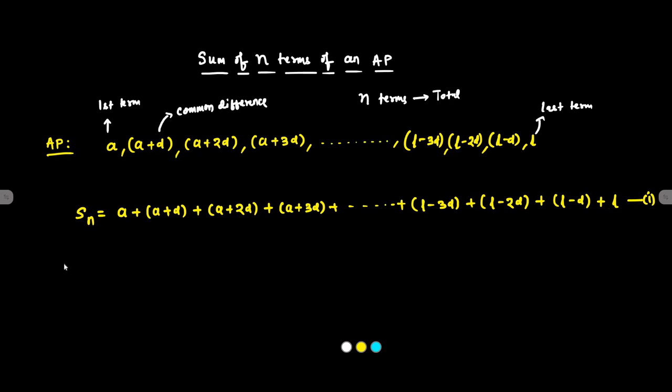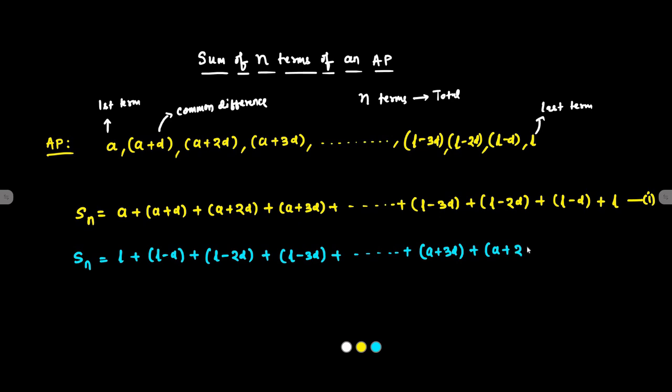So we write the sum of n terms starting from the last: l plus (l minus d) plus (l minus 2d) plus (l minus 3d) plus, and at the end, (a plus 3d) plus (a plus 2d) plus (a plus d) plus a. Just writing in the opposite order. Let's call it equation number 2.